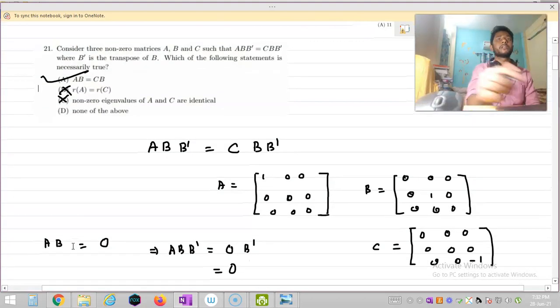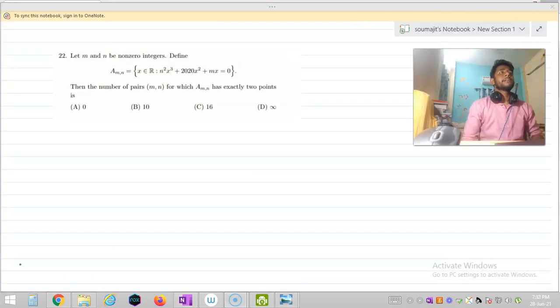Now let us solve the question number 22, which says that m and n are non-negative integers, and A(m,n) is defined as the set of all such x belonging to R such that n squared x cube plus 2020 x square plus mx is equal to 0. Then the number of pairs (m, n) for which A(m,n) has exactly 2 points.